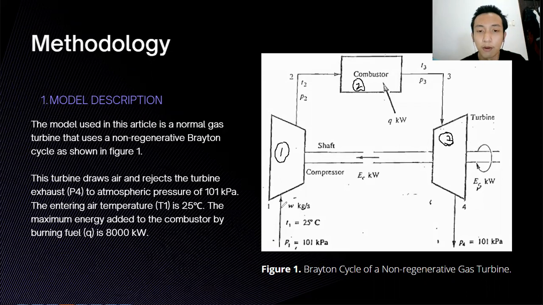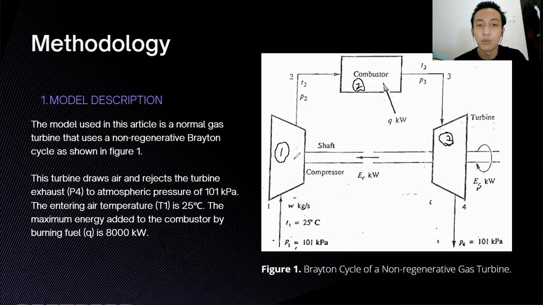So the workflow is that, first, air from the environment is taken into the compressor at point 1. As we see here, in our case we take the air from the environment at 25 degrees Celsius and at a pressure of 101 kilopascal, or atmospheric pressure.